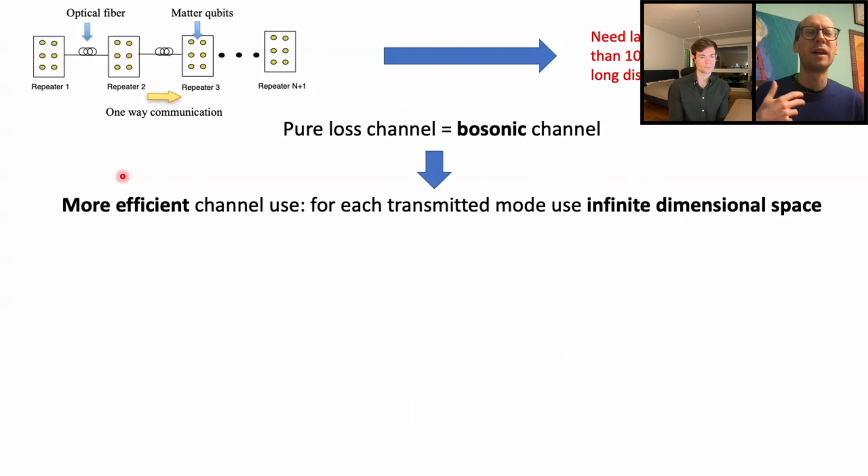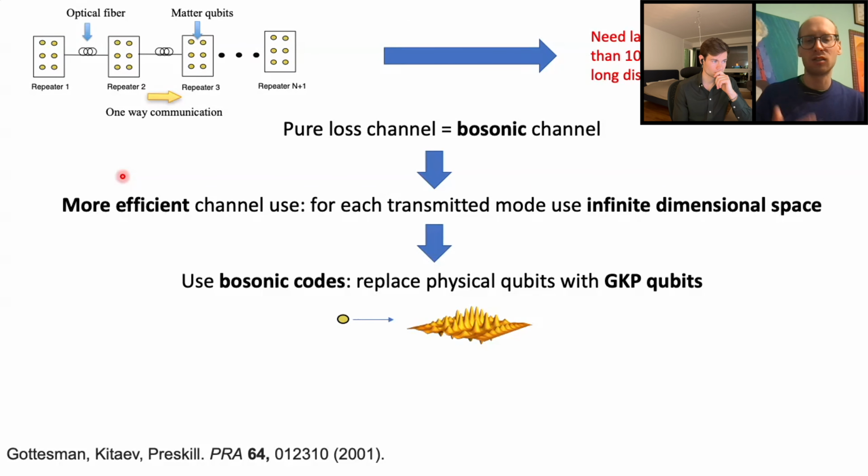So we can make more efficient use, and instead of sending a large number of single qubits, where each qubit is in a single rail or dual rail encoding, we can transmit the full bosonic modes. And in that continuous variable phase space, you can encode something more complicated that maybe tolerates losses better than just this combination of polarization qubits.